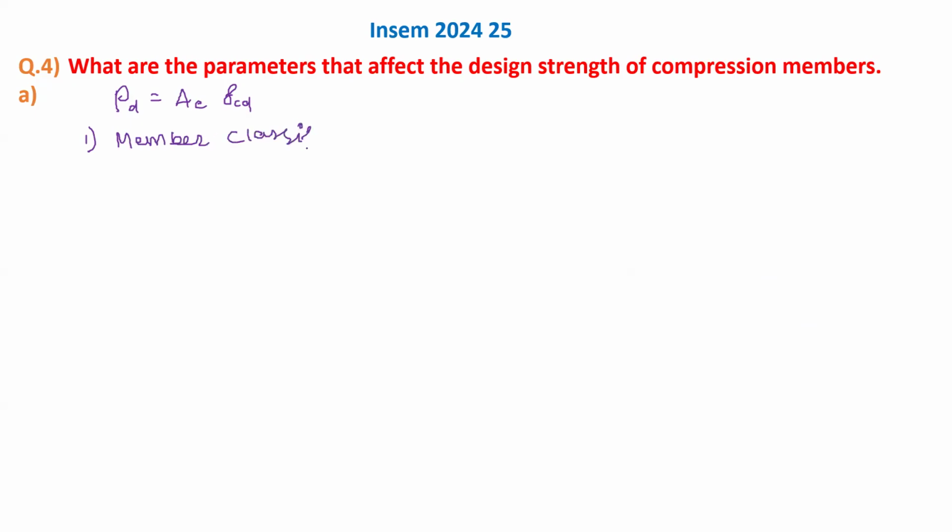This relates to your AE. Then we have second, buckling class, because buckling class will decide your table 9 A, B, C, D. So that is second, buckling class of section.